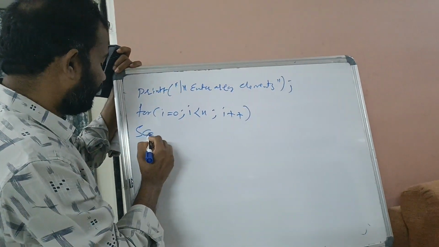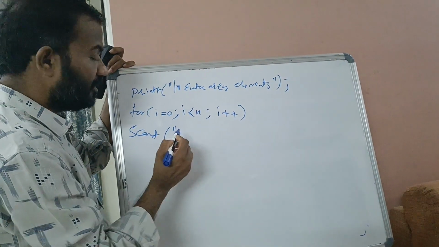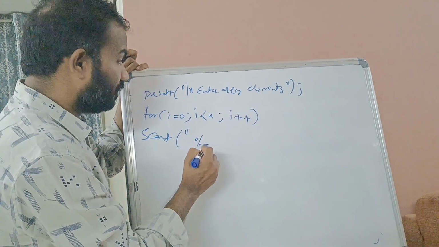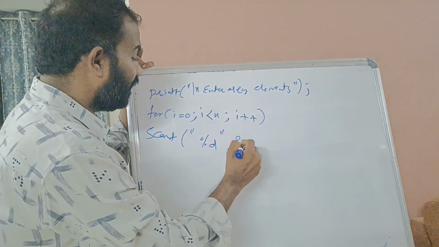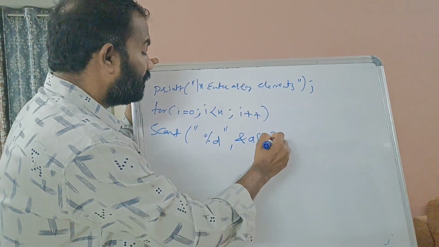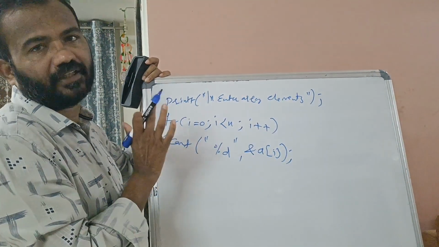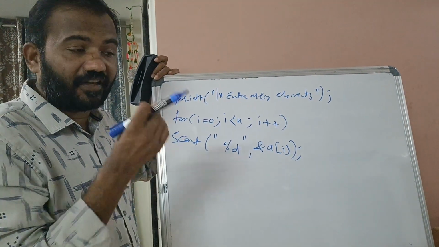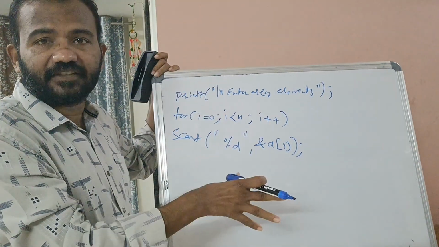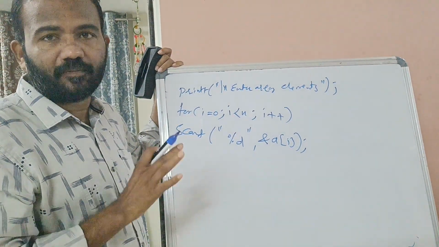Now we have to enter the array elements: %d, address of a of i. Suppose 5 elements, we can enter 5 elements; 10 elements, we can enter 10 elements. So we finished the size of the array and entering the array elements is over.